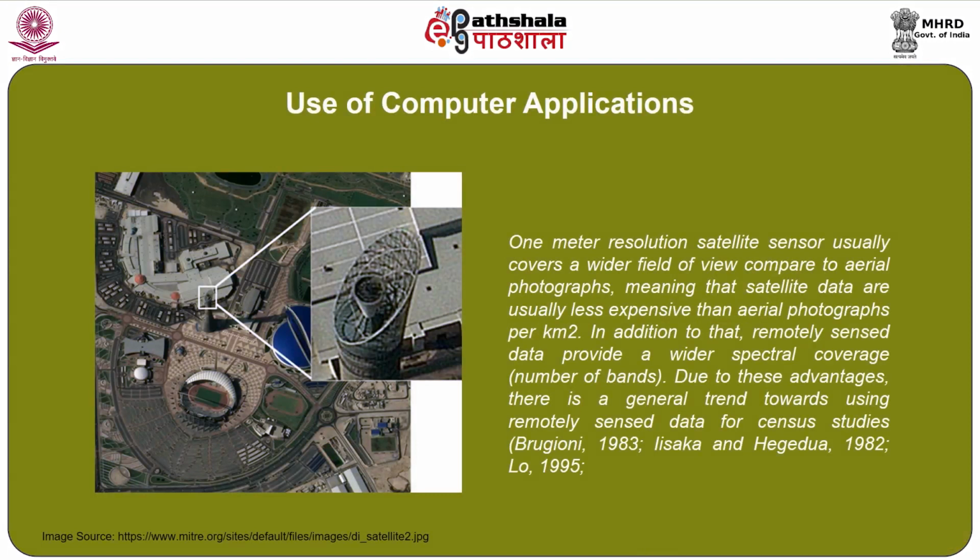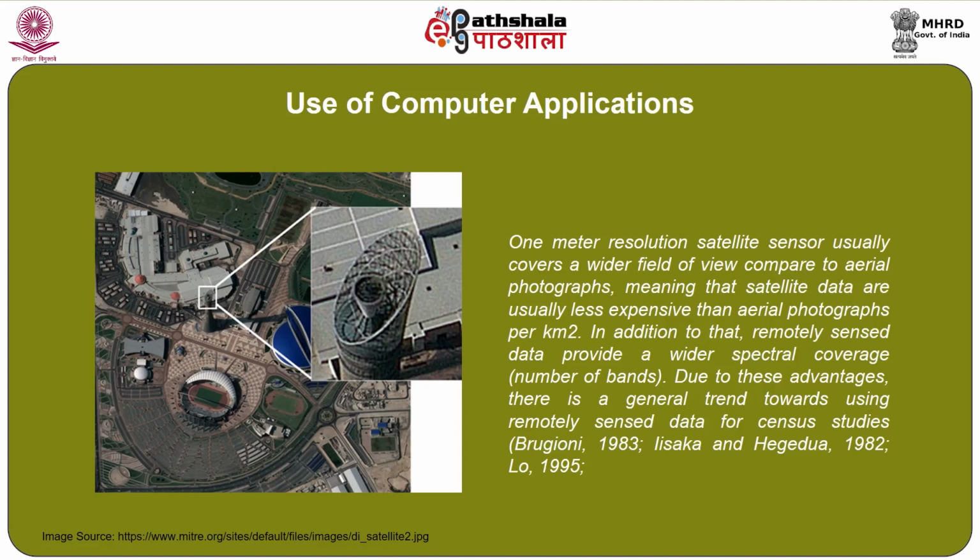A 1 meter resolution satellite sensor usually covers a wider field of view compared to aerial photographs, meaning that satellite data are usually less expensive than aerial photographs per square kilometer. In addition to that, remotely sensed data provide a wider spectral coverage, like number of bands.